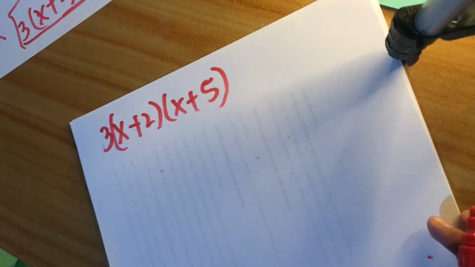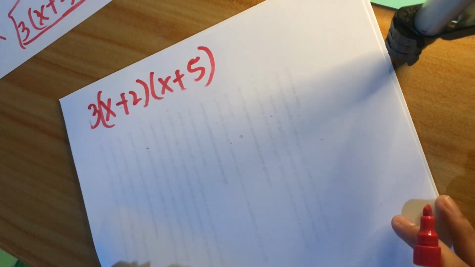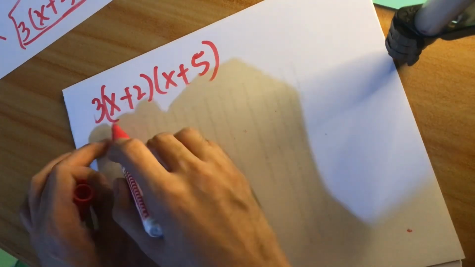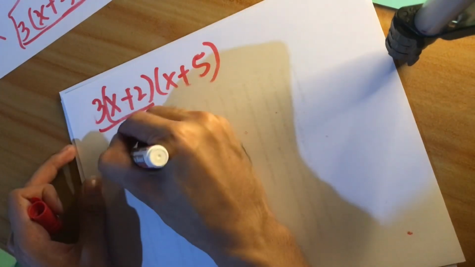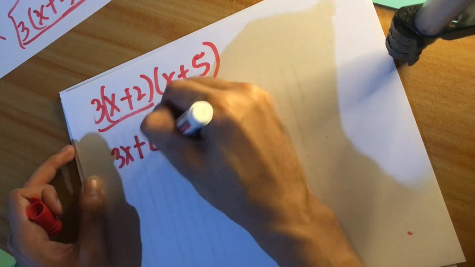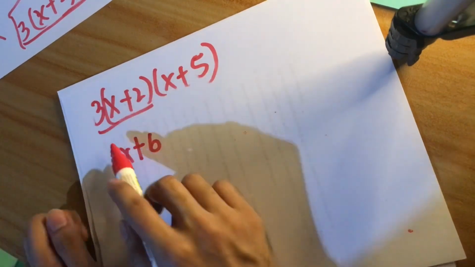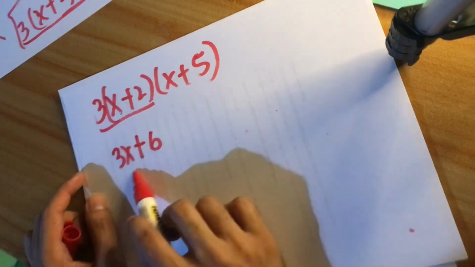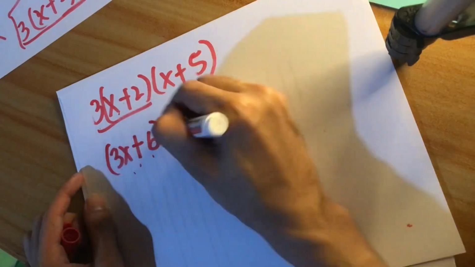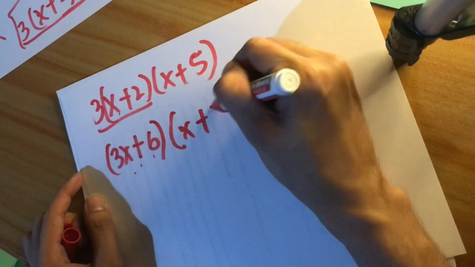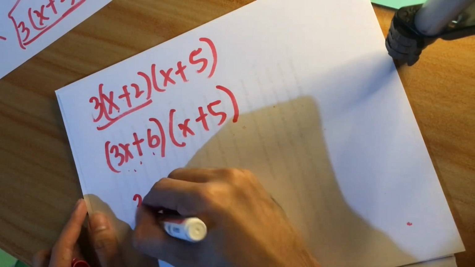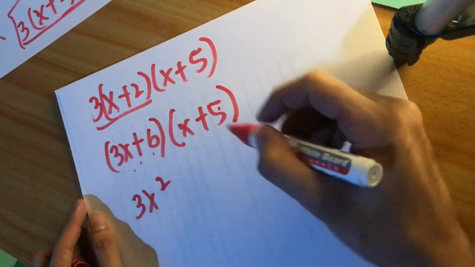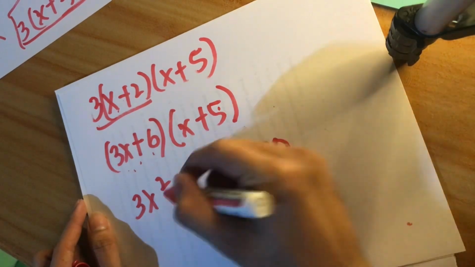Okay, so again, let's have a checking kung tama yung nakuha nating factored form. So, itong 3 times x plus 2 times x plus 5, pwede mo na itong ipasok si 3 sa loob. So, you have 3x plus 6. Okay, dinistribute lang natin si 3. 3 times x and 3 times 2. That is 3x plus 6, times x plus 5. Okay. So, you have 3x times x, that is 3x squared. 6 times 5, that is 30.